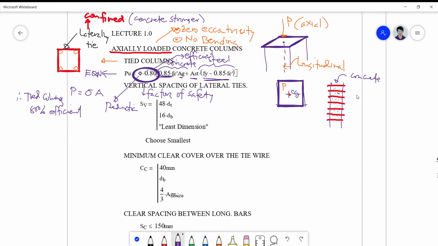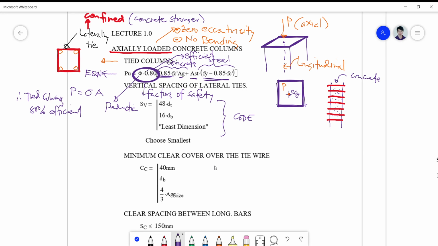Okay, so that's why we need to take note of this code provision to address the concern regarding confinement.